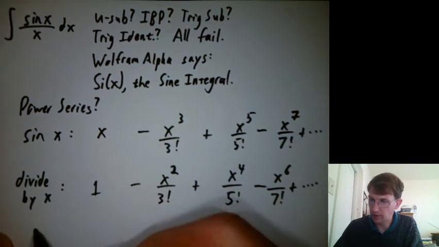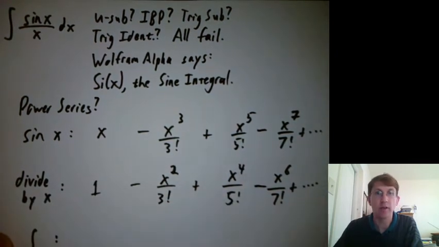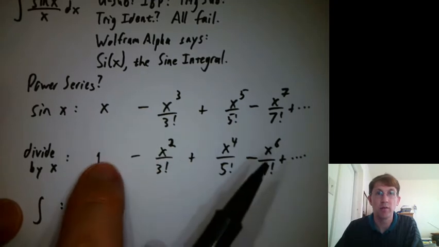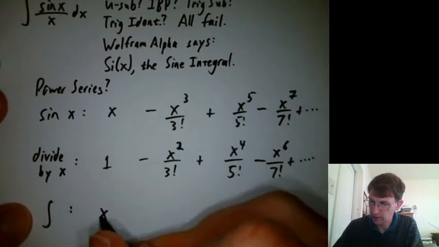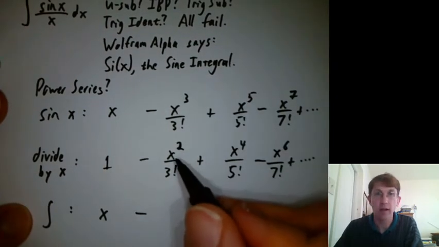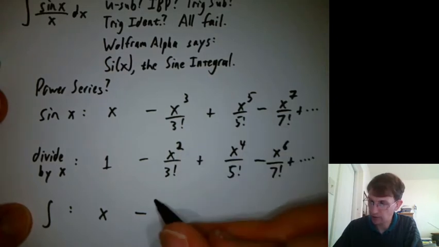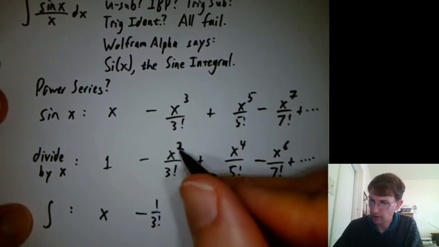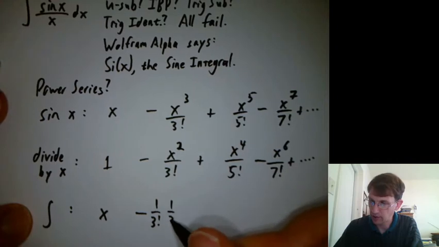And then let's actually do the integral. What do you get if you integrate 1? You get x. If you integrate x squared over 3 factorial, let's copy the 3 factorial, integrate x squared, you get 1/3 x cubed.